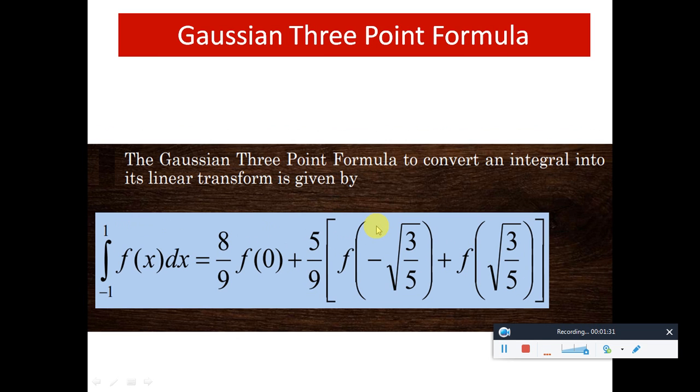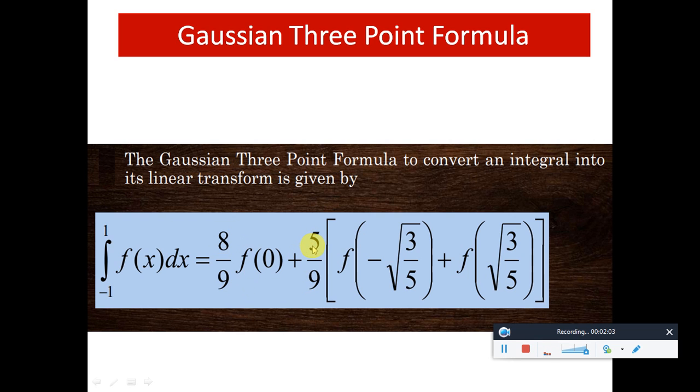And regarding the 3-point formula, we have 3 weights and 3 discrete points, the Gaussian points: x1, x2, x3, and their corresponding weights w1, w2 and w3. Minus root of 3 by 5 and plus root of 3 by 5 stand for x1 and x3, whereas x2 becomes 0 and its corresponding weight becomes 8 by 9.